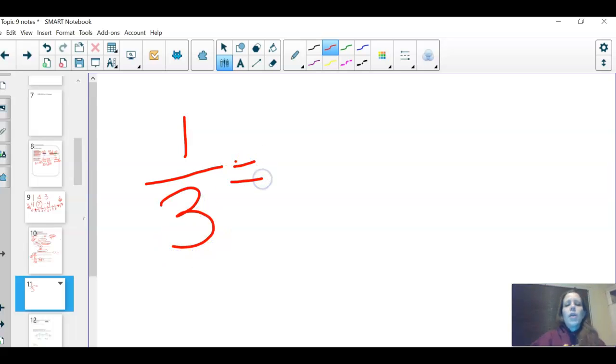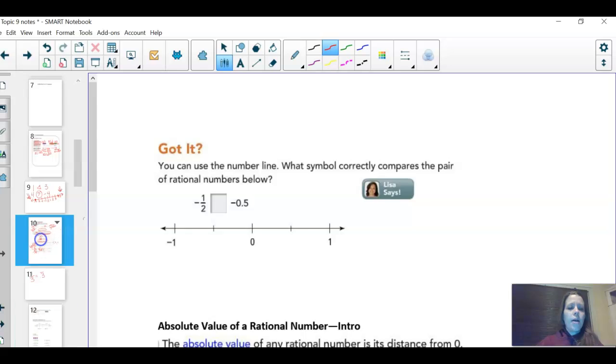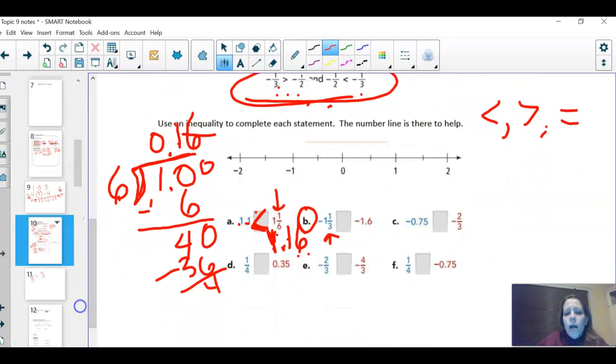Y este es 0.3, 0.33333. So I'm going to write negative 1.3 repeating. Now let's look at the next one. Now I have negative 1.6 or 1 6/10.